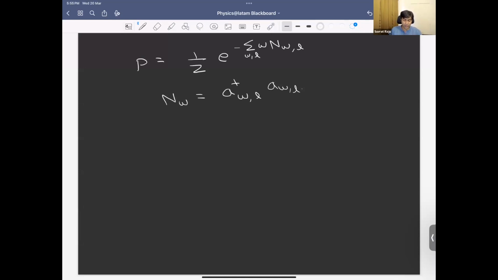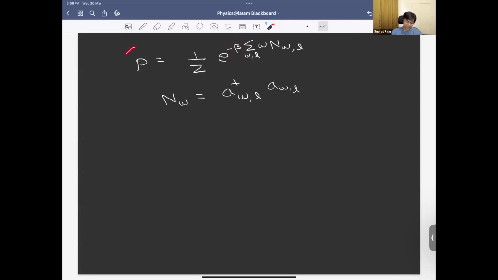And you see, the reason this seems very appealing is because this is the density matrix that would correspond to a set of decoupled simple harmonic oscillators, each with frequency omega, put in a thermal state at an inverse temperature given by this beta.